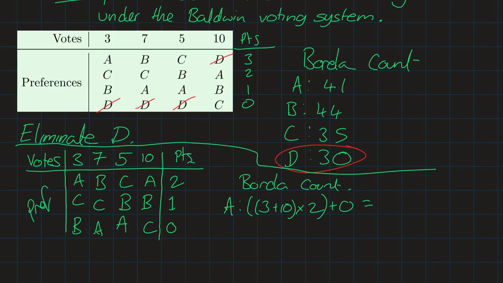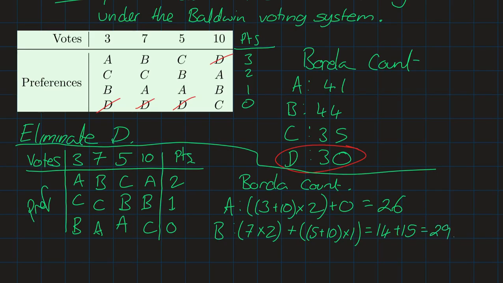This is 13 times 2, which is 26. B is going to get 7 times 2 plus 5 plus 10 times 1, which is 14 plus 15, which is 29.